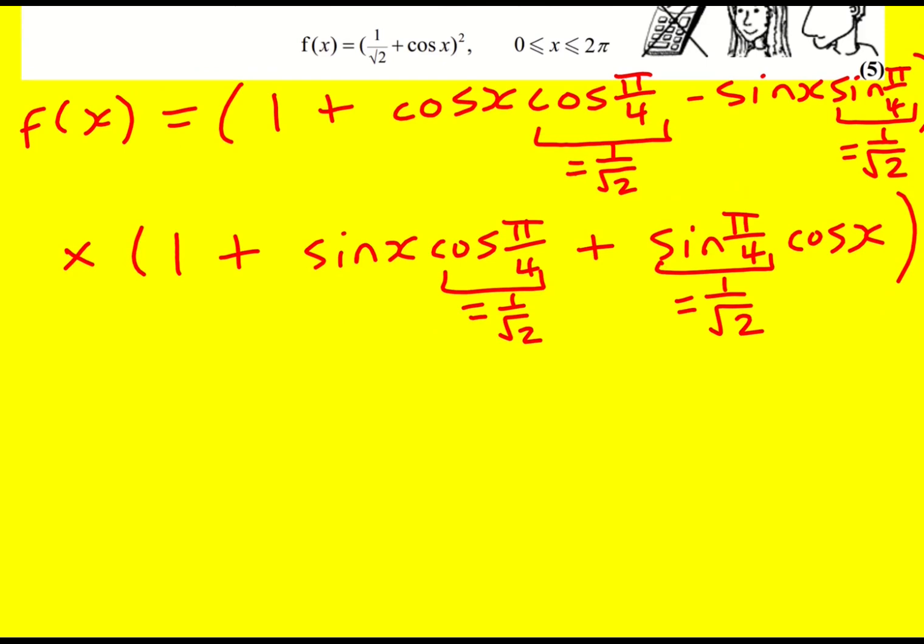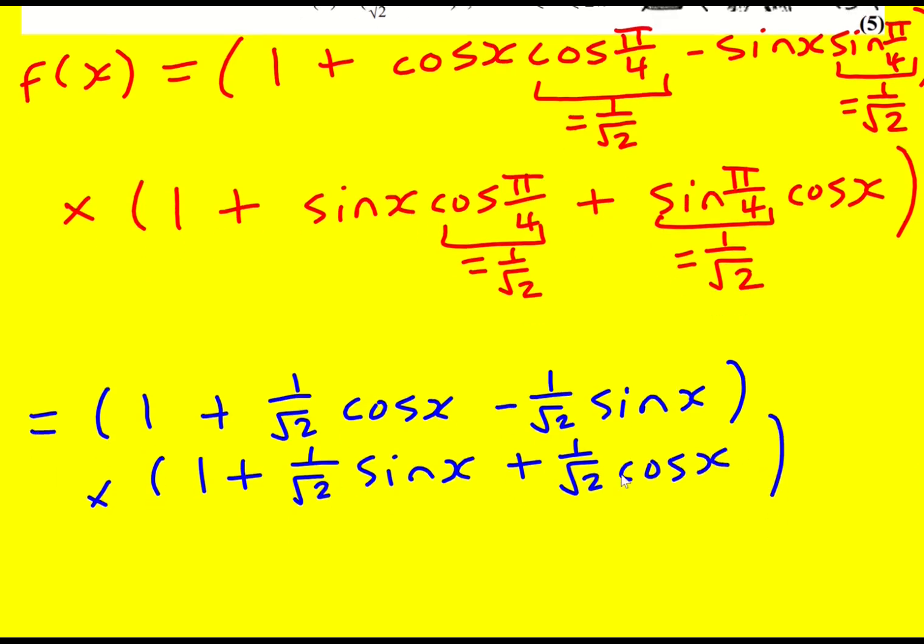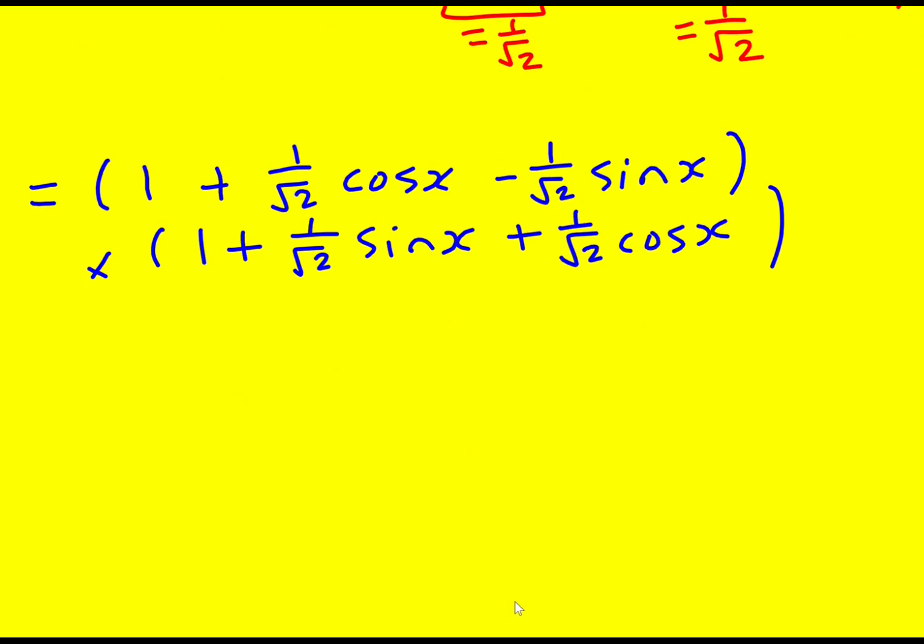I might, before I expand it out, write it in a slightly simplified form because you've got to be really careful not to make a mistake. Right, now I've got this double bracket to multiply out.